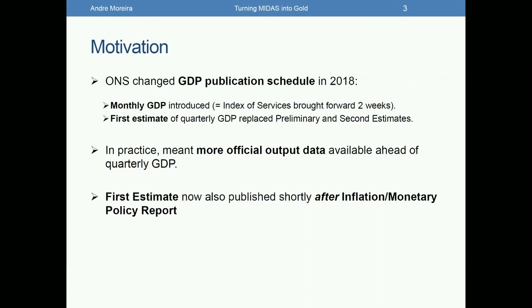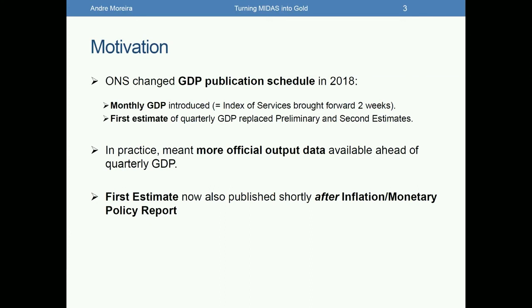The main things that changed were that the publication of the index of services, which used to be published later than industrial production and construction, was brought forward by around two weeks, essentially completing monthly GDP together with those other output sectors. And at the same time, the first estimate of quarterly GDP was pushed back by two weeks.